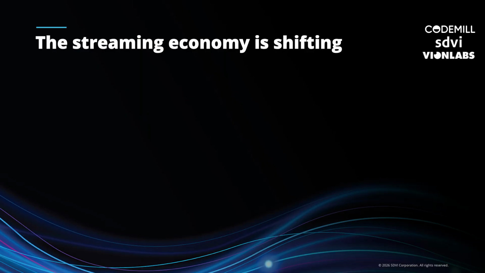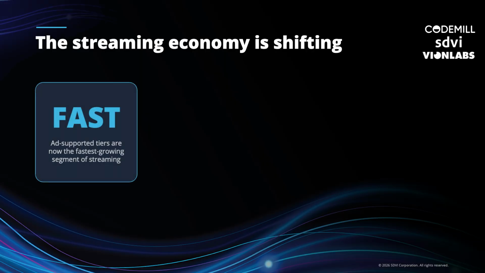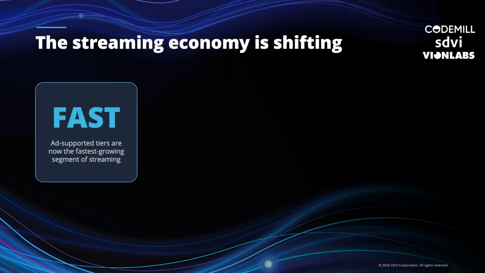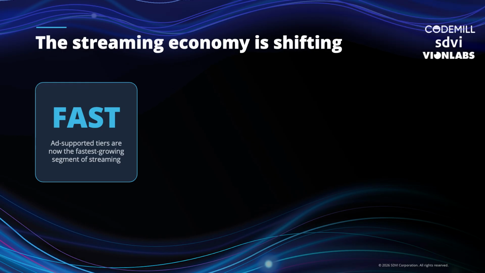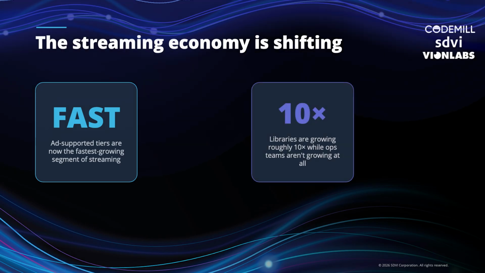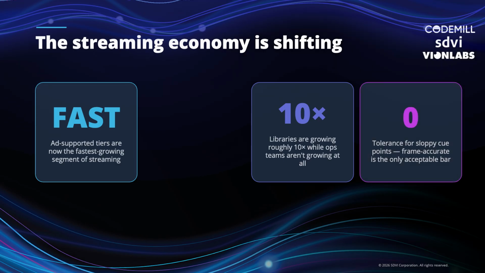Now, the business context puts a lot of urgency behind this solution because ad-supported tiers are the fastest growing segment of streaming. Libraries are growing several times faster than the teams that are supporting them, and viewer tolerance for bad ad breaks is basically zero. Frame accuracy is really the only acceptable bar.